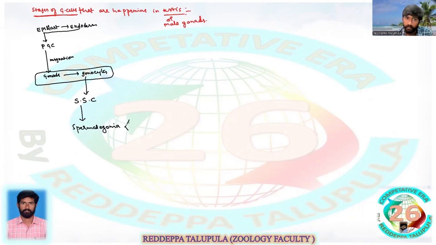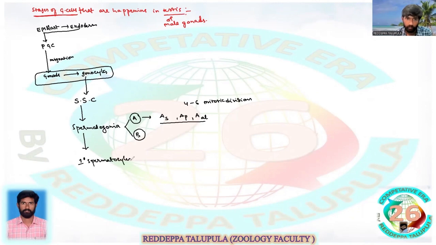Spermatogonia is again divided into type A and type B. Keep it in mind. Type A is again divided into A single, A pair, A aligned. That means type A follows 4 to 6 mitotic divisions and causes the development of these 3 types of cells. Next, type B. Spermatogonial type B will be present, from which primary spermatocytes will be developed, from which secondary spermatocytes will be developed, from which spermatids will be seen.